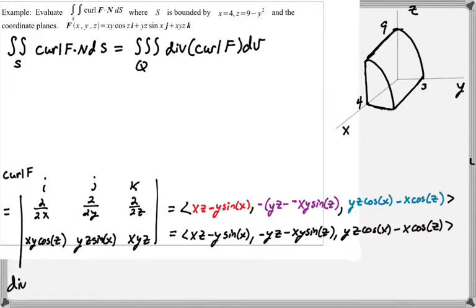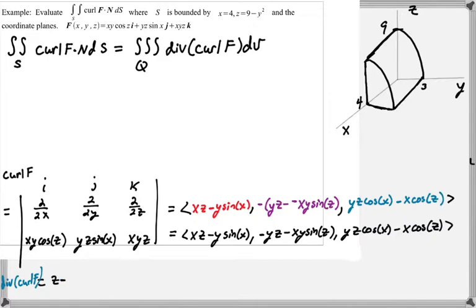Okay. Now we're going to calculate the divergence of our curl here. So this should actually say the divergence of the curl. Okay. The divergence of the curl.